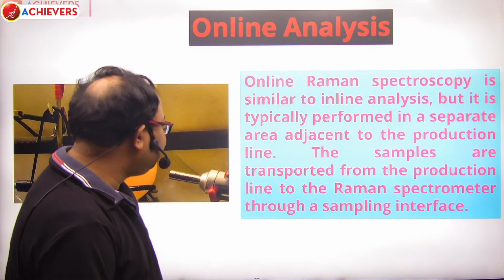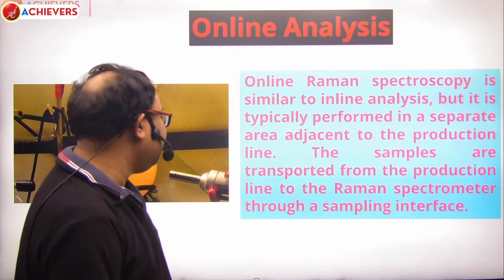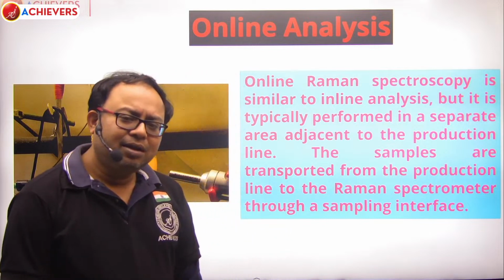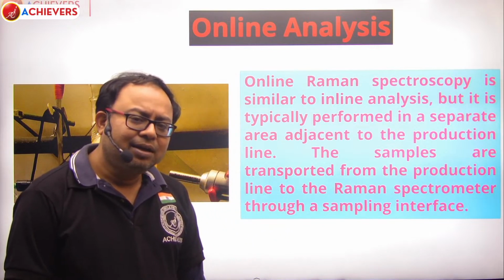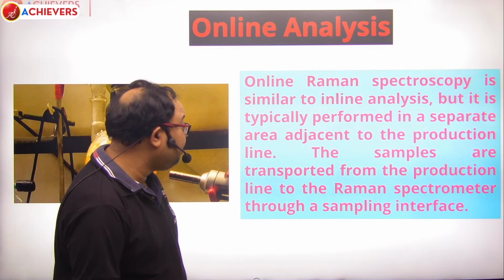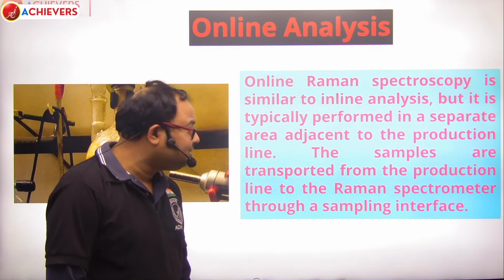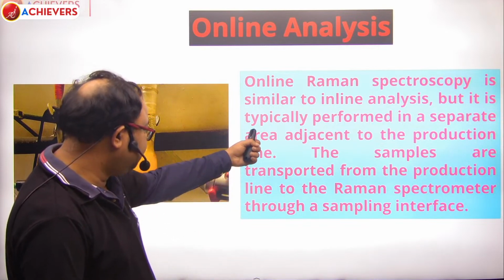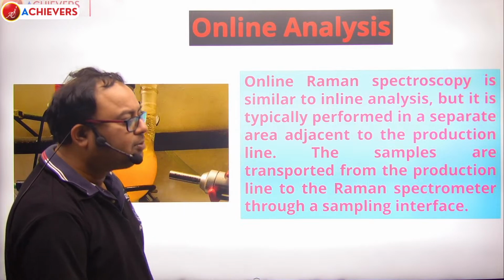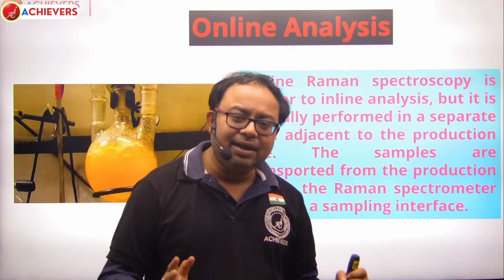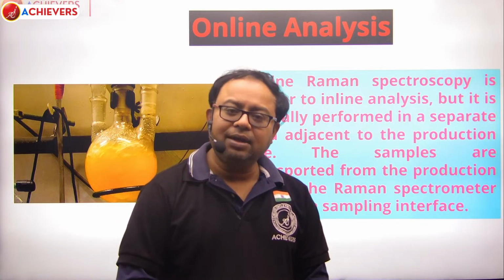The samples are transported from the production line to the Raman spectrometer through a sampling interface. Do you understand? Here, what is the difference in context to the inline analysis? The sole difference is that this online analysis is performed in a separate area which is essentially adjacent to the production line.